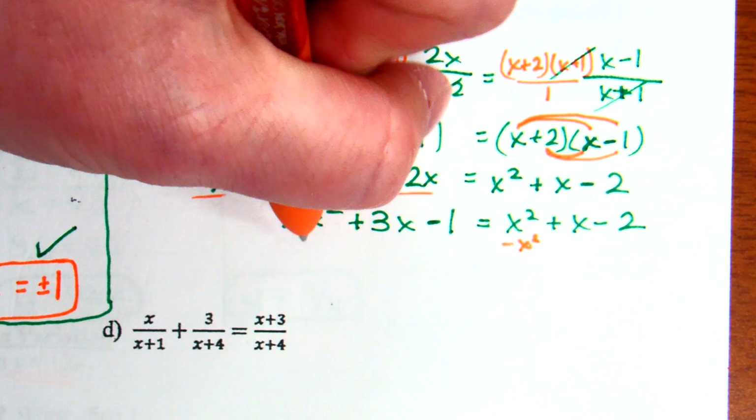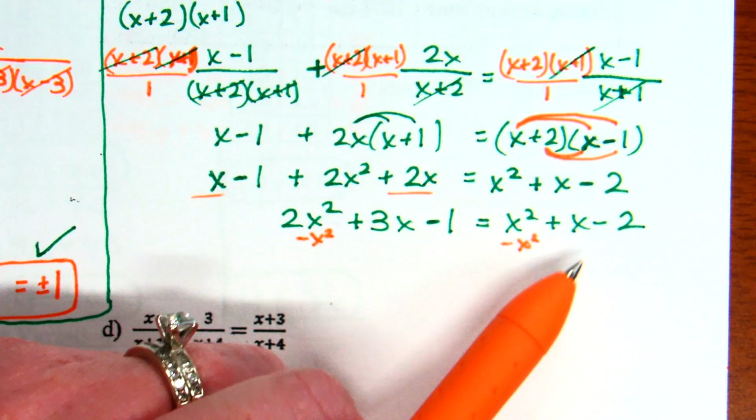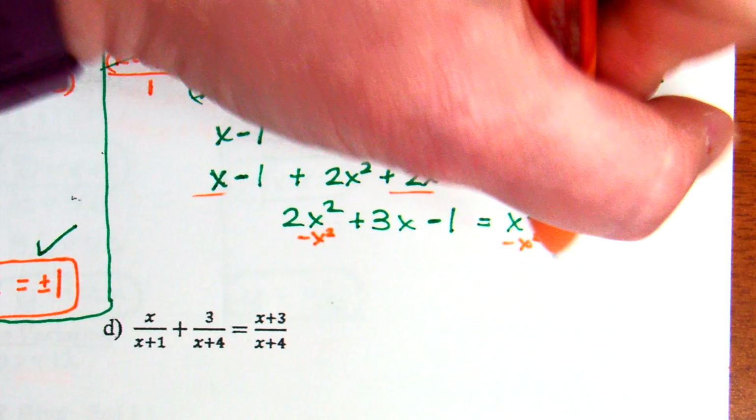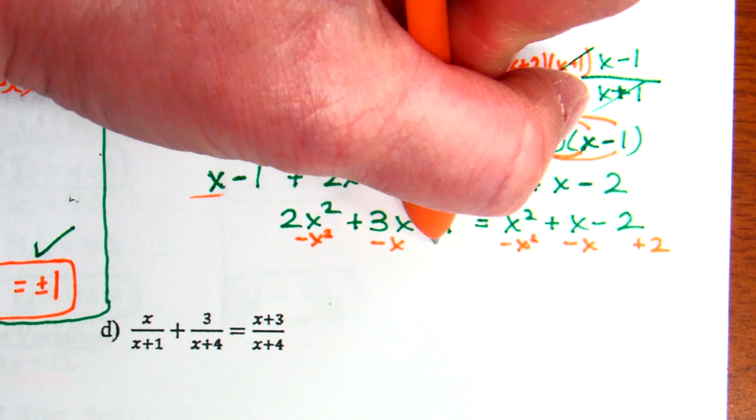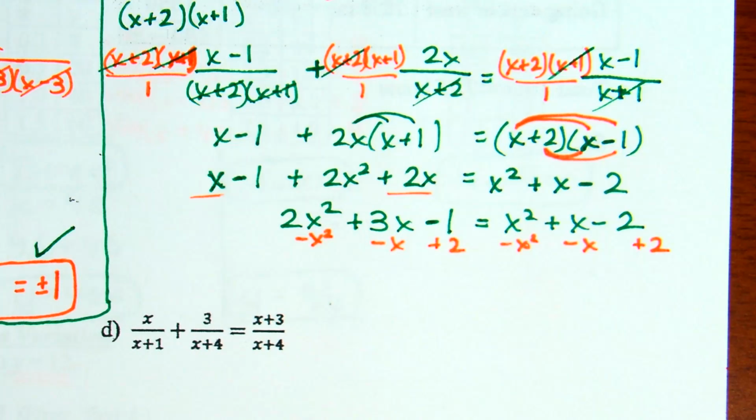So how do I move a plus x? Subtract x. Subtract it on the left. How do I move a minus 2? You add 2. Add 2 on the left. What does this equation become? 2x squared minus x squared.